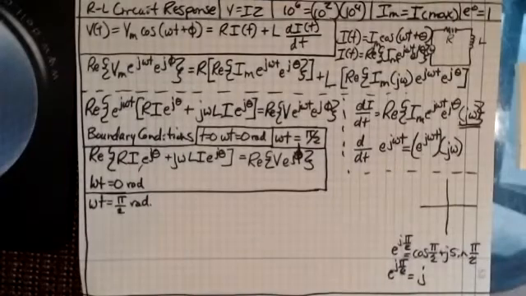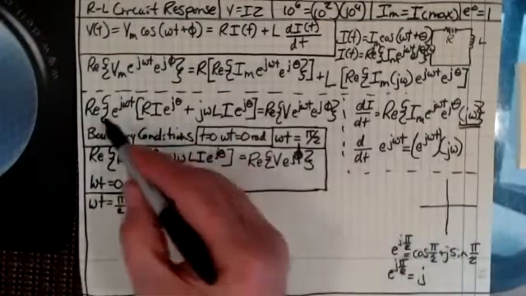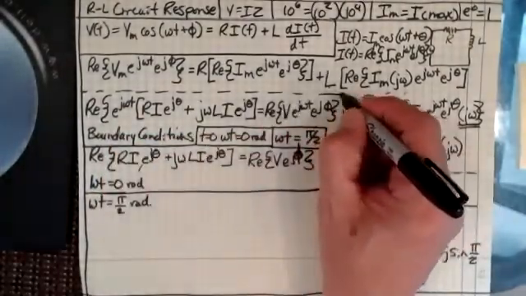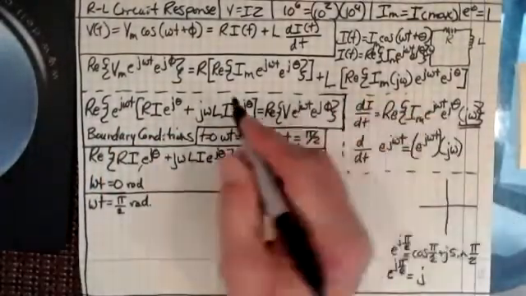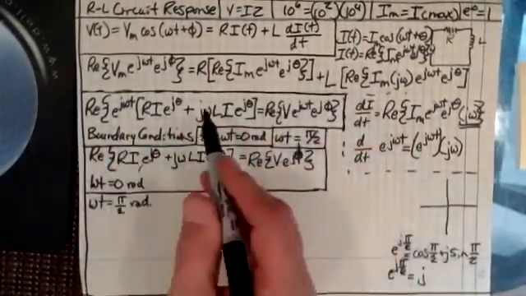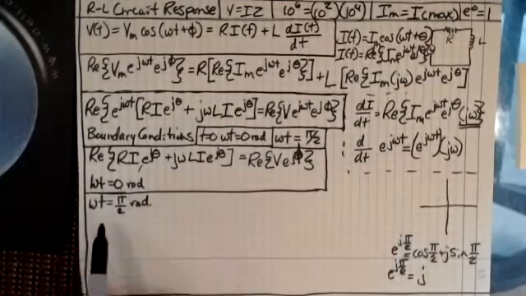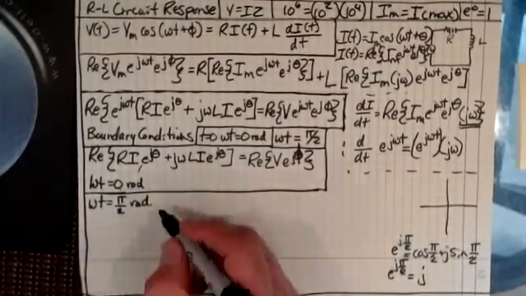So the way that I could write this equation again, and remember, let's go back to our general equation that I had here. Right, here's my general equation. I'm just going to circle that. And then here's my equation when omega t equals 0. Here's my equation when omega t equals pi over 2.